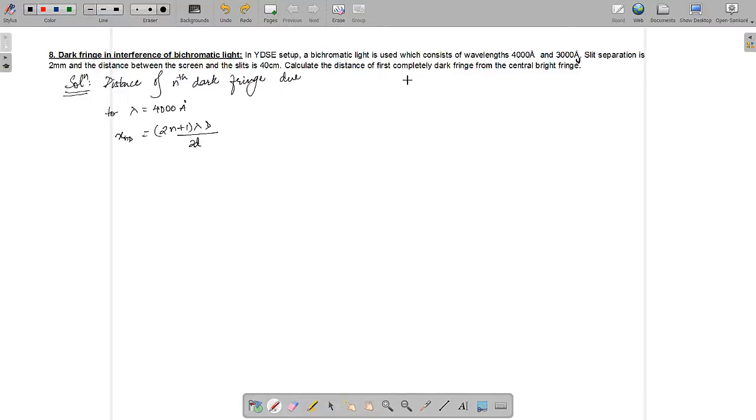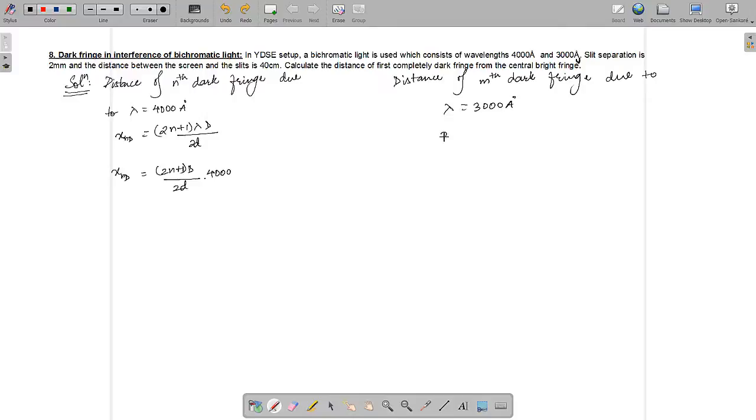Now similarly, we can find out the distance of, let's say, the mth dark fringe due to wavelength of 3000 angstroms. Now this nth dark fringe was equal to (2n plus 1) into D by 2d into 4000.